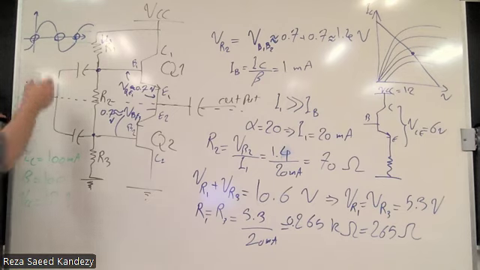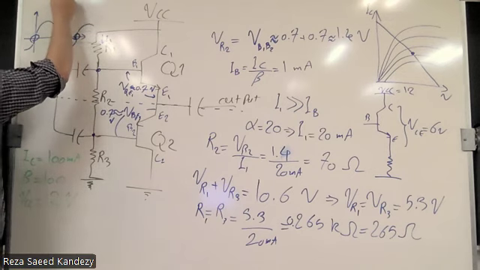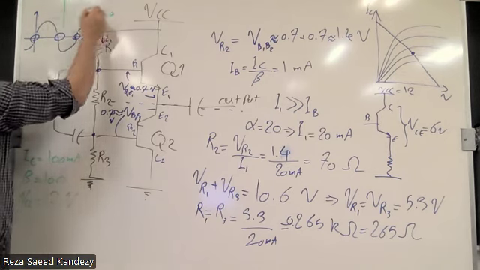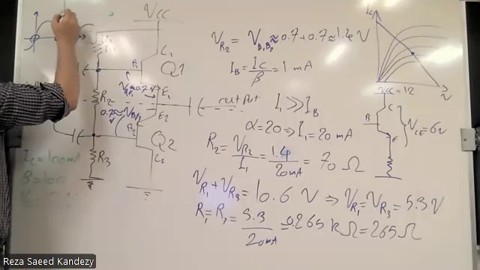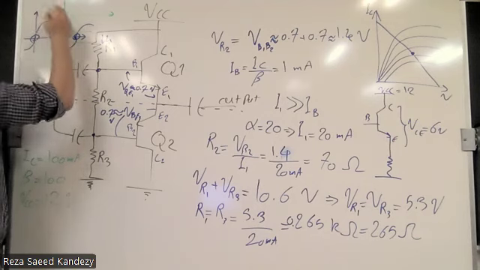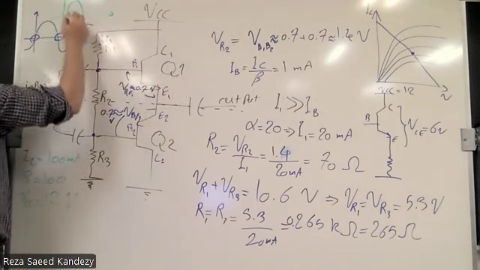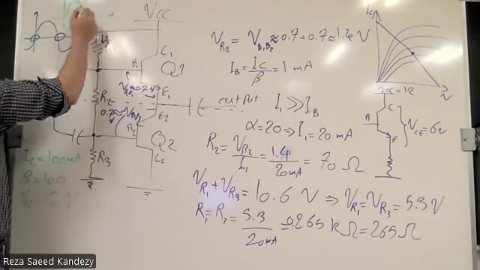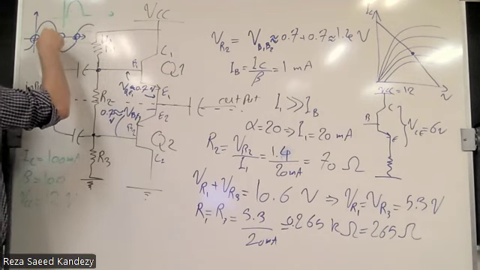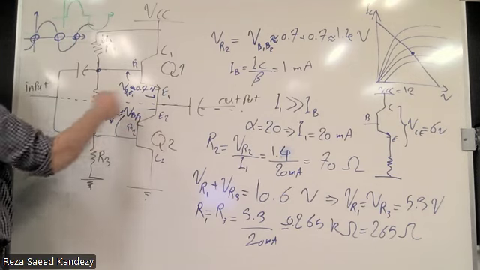So what we are going to see at the output is that we are having zero, and then when we cross this threshold, the first Q is conducting. Then again we have a little bit of zero when we are between the lines, and then the bottom Q, Q2, is conducting.